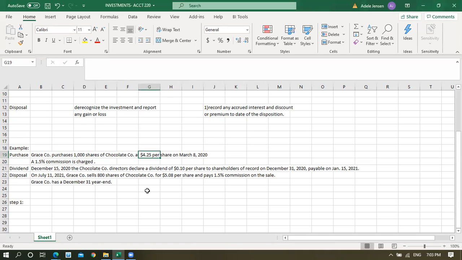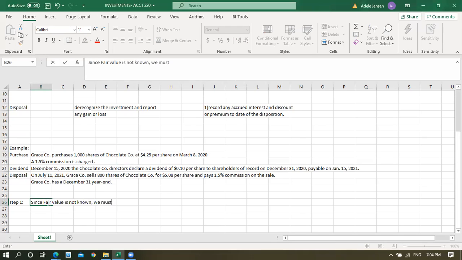Okay, so we don't actually know the fair value of the shares. It doesn't tell us, okay? So I'll just put that as a note. Since fair value is not known, we must use the cost model.